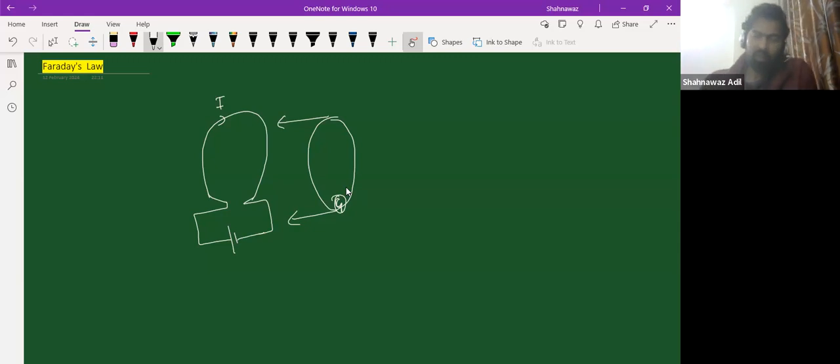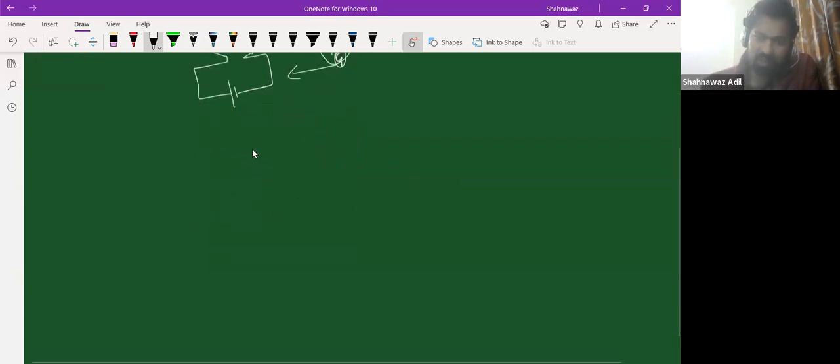What was happening is that due to this current, there is a flux passing through this whole coil, and if we move this coil in this side, we can also do this experiment another way. We have this coil and this bar magnet, and we move the bar magnet to this side and connect a galvanometer.